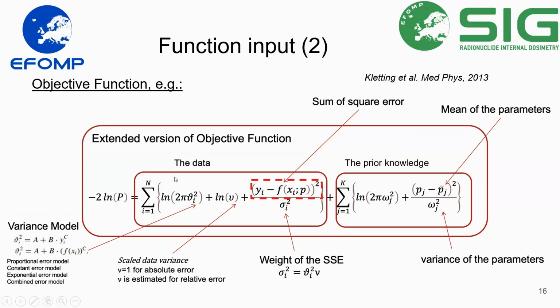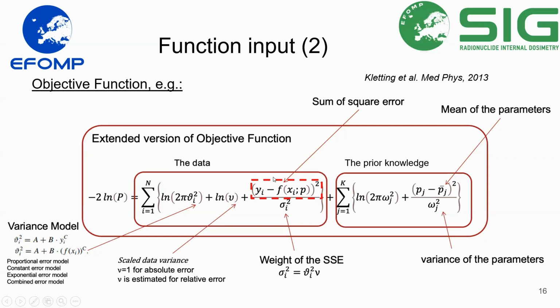The first term shows the variance model or the measurement error model, which can be modeled as proportional, constant, exponential, or combined. We also have this scale data variance parameter: if you already know the measurement error of your data, you can set it to 1. If you don't have it, then you can estimate it from the data.